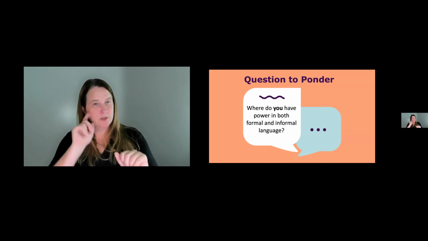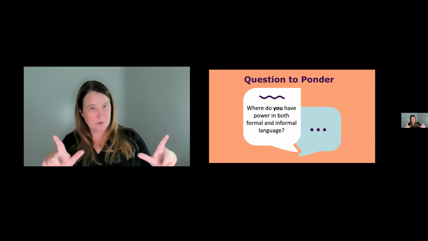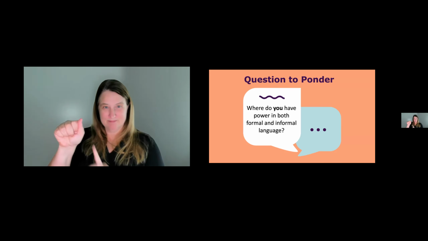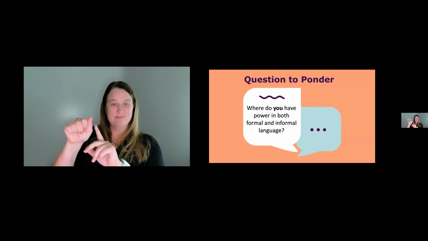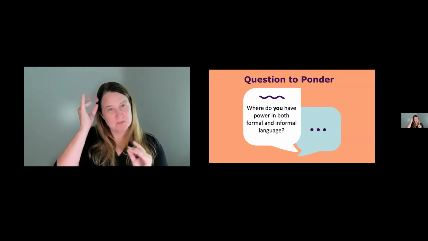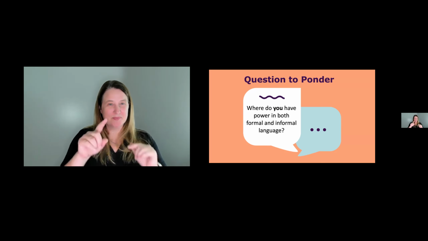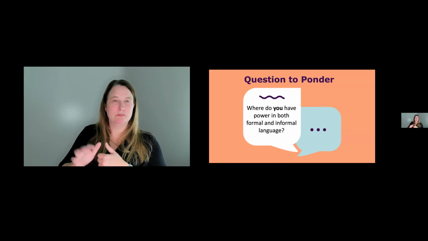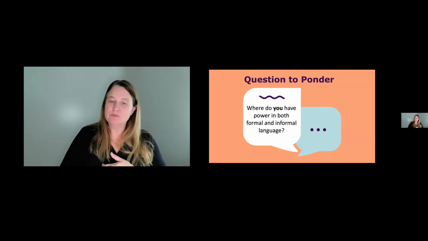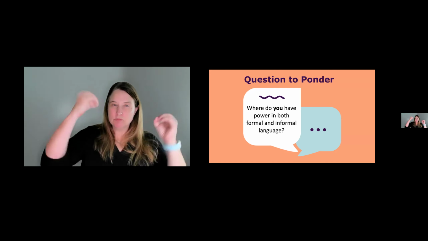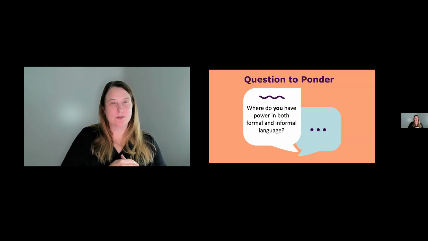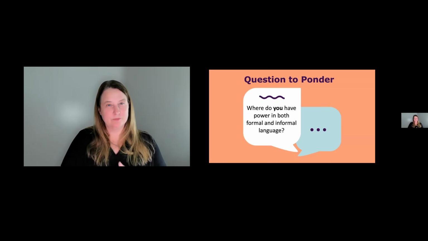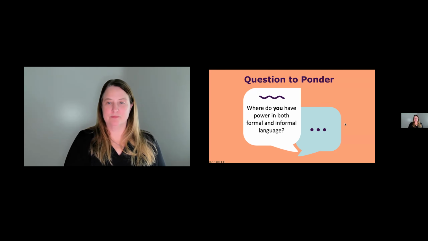So I want you to think about your opportunities for use of formal and informal language as it relates to disability. Think about where your power is. Jot down some ideas on paper or electronically, use your phone. Take a moment, jot down some ideas about where your power lies. I want you to think about that for yourself.